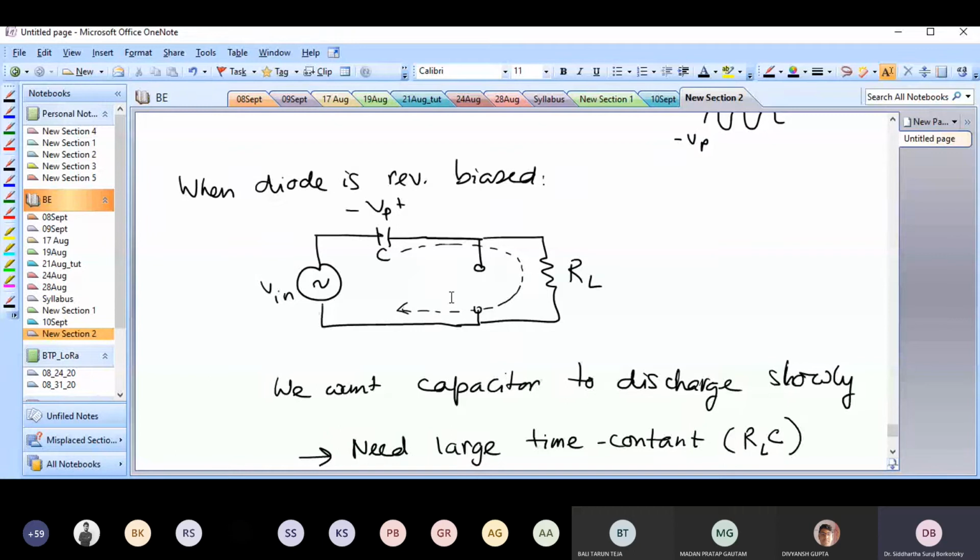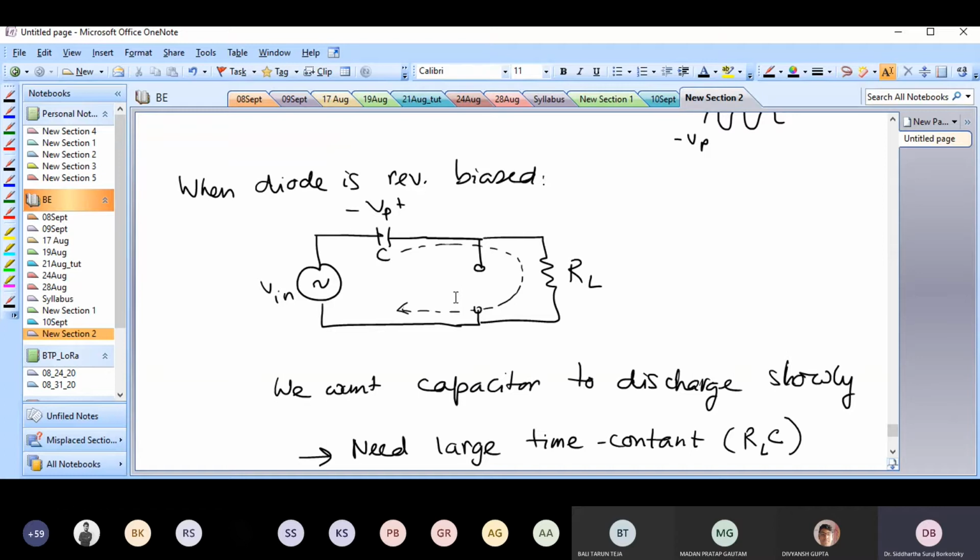In that situation, again, I have the older situation, as at the very beginning of the negative half cycle, where the diode is acting as a short circuit, so I'm not getting anything at the output. I don't want that to happen. Even if that happens, it should happen for a very short time. So the capacitor should be able to charge to the peak Vp voltage very quickly.